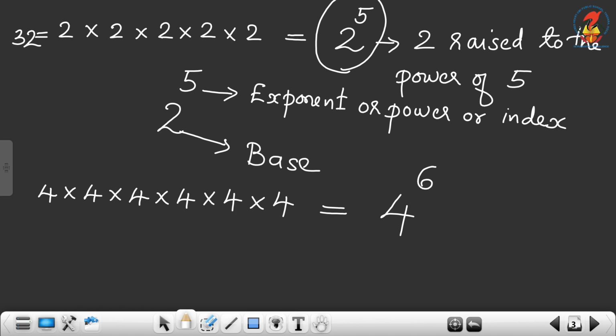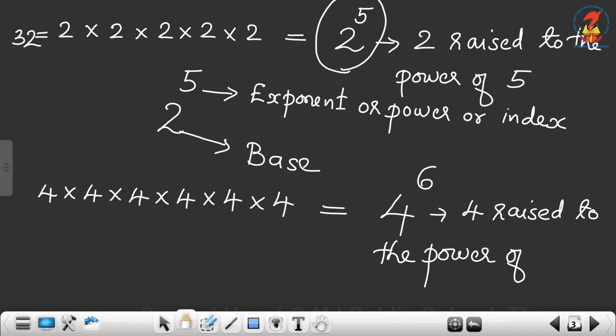We can read it as 4 raised to the power 6, or 4 raised to the power of 6, or the 6th power of 4.